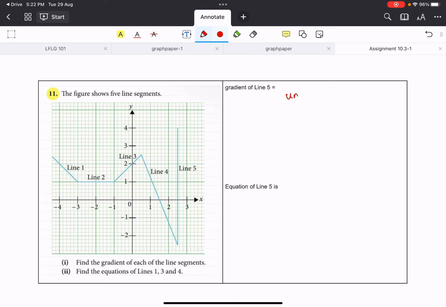The correct word to describe it is undefined. Did I spell it correctly? No, I did not. Let's try again. Undefined. This is the correct word we use to describe a situation like this. The equation, in this case, will just be x equals 2.5.